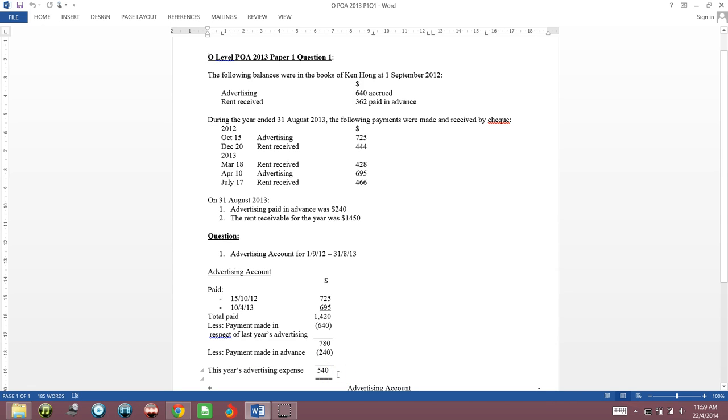So the purpose of doing an advertising account is mainly to find out the advertising expense for this current year.